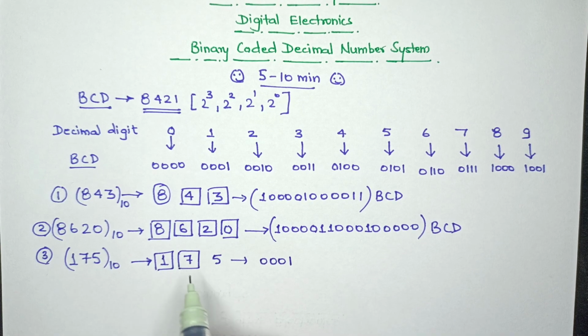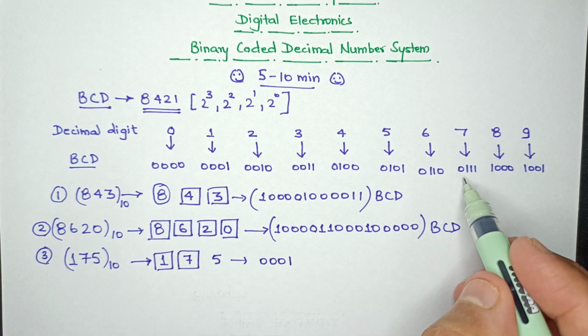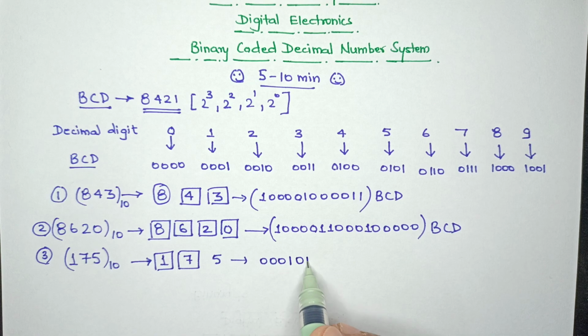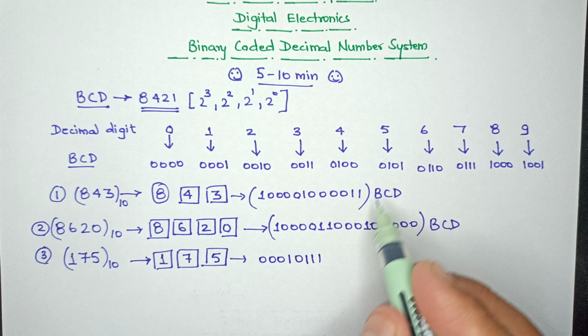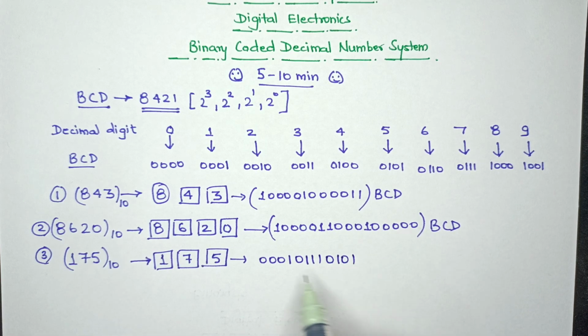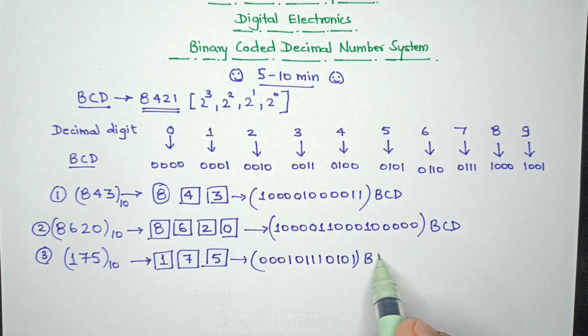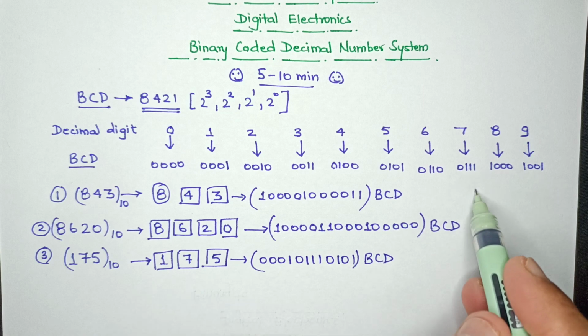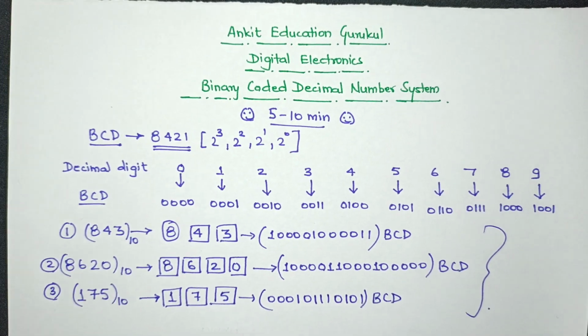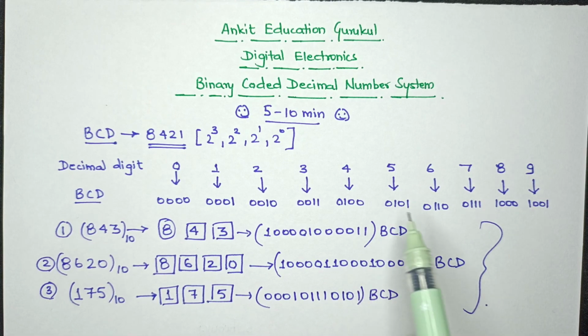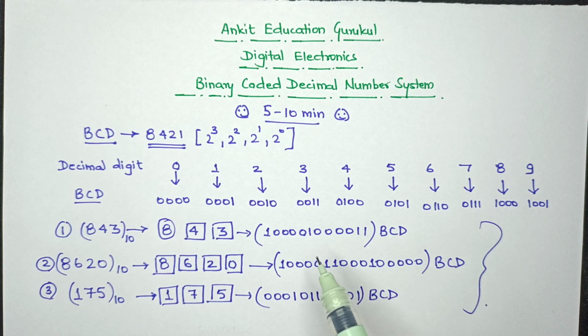Then we have 7, which is represented by 0111, and then we have 5, which is represented by 0101, and we'll write this as BCD. I hope that in these 3 examples it is pretty obvious how we need to convert a decimal number into a binary coded decimal.